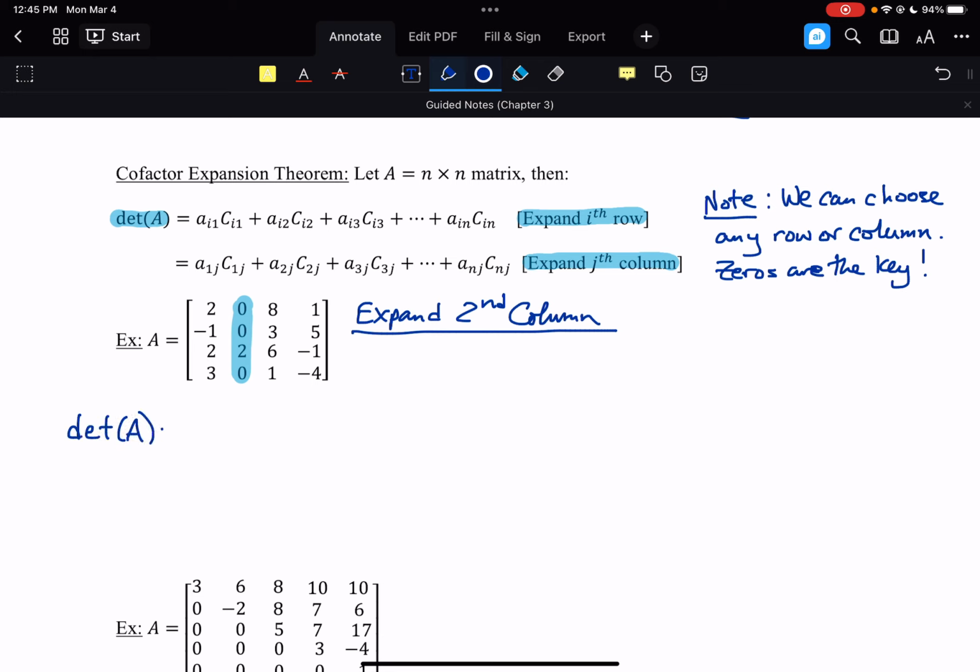So determinant of A. If we're in the second column, that's A12, C12, plus A22, C22, plus A32, C32, plus A42, C42.